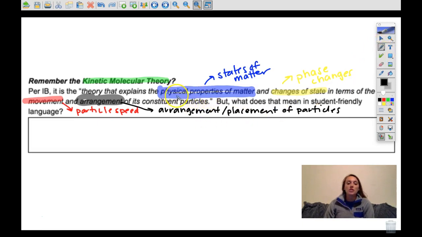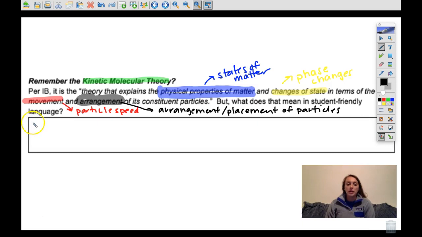So we've already done some of that by saying that the physical properties of matter represent the states of matter, and that the changes of state represent the phase changes in terms of its movement, so the particle speed, and the arrangement or the placement of particles.